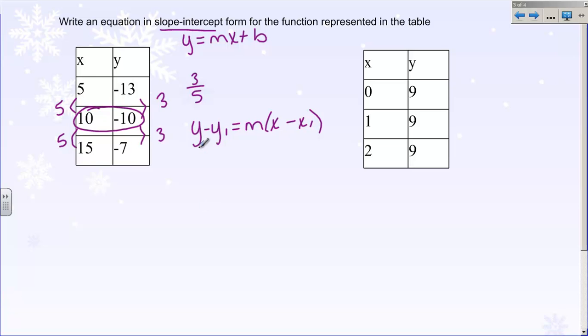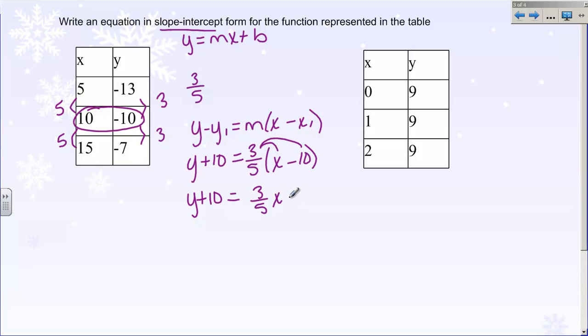So let's plug in. I have to do y minus y1, so that's y minus negative 10, minus a negative becomes plus 10. My slope is 3/5. And then x minus x1 becomes x minus 10 because x is going to be 10. So distributive property, y plus 10 equals 3/5 x. That's this part. Then I have to do 3/5 times 10. So I'm going to have a minus sign here.